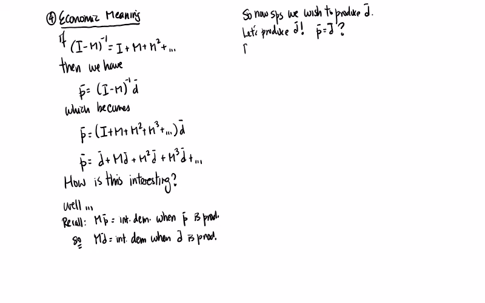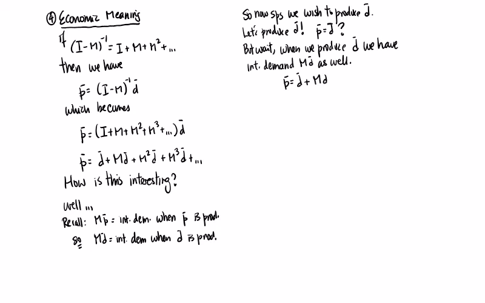So when we produce D, we have internal demand MD as well. So then we say, okay, maybe we should produce both. That's the external demand, but then this is what must be produced internally.